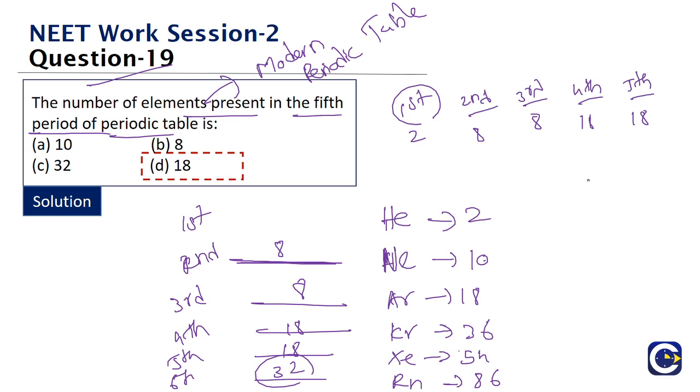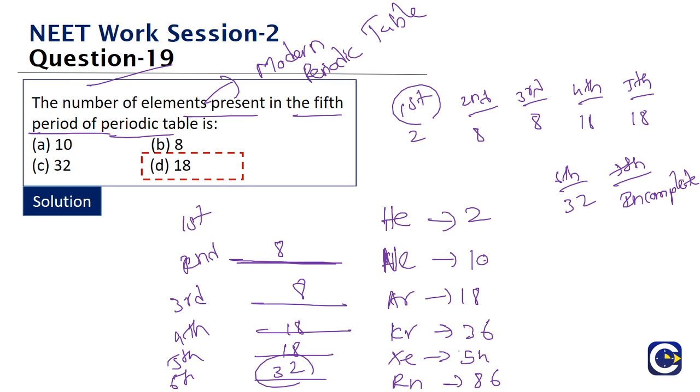Maybe once you practice a little bit, you can even straight away remember this. Sixth is 32, and seventh is incomplete. The seventh period is where some of the elements are yet to be discovered, and for some of the so-called discovered elements, there are questions in terms of their existence in isolation and things like that.